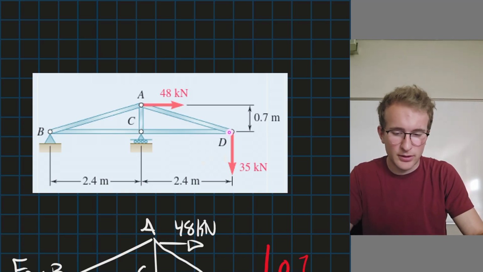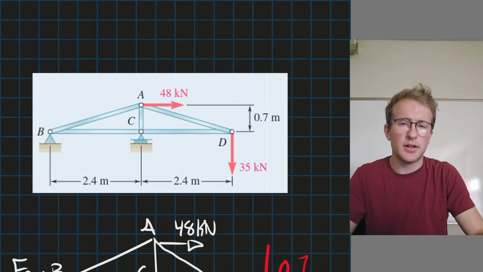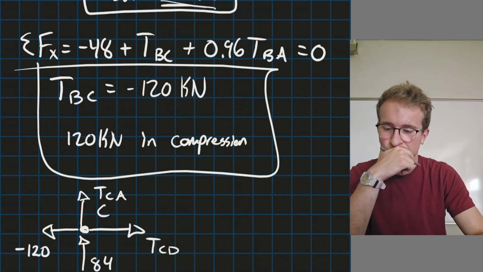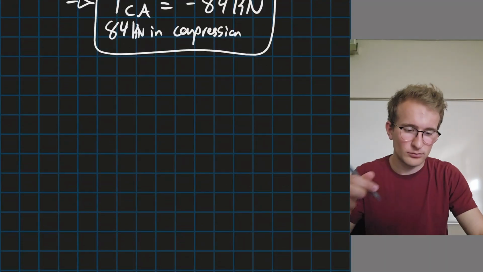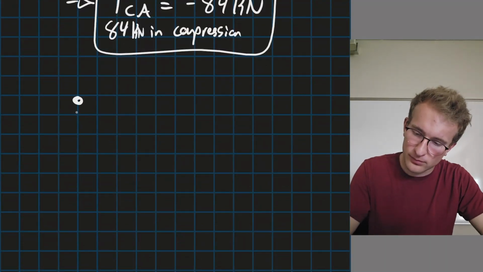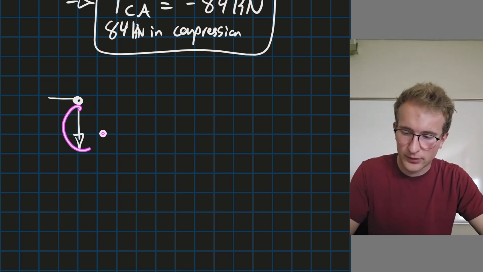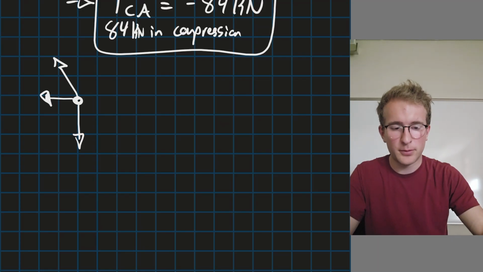So let's draw the forces acting at joint D. We have this external load here, 35 kilonewtons downwards. We have a tension from that bar, and tension from this other bar.